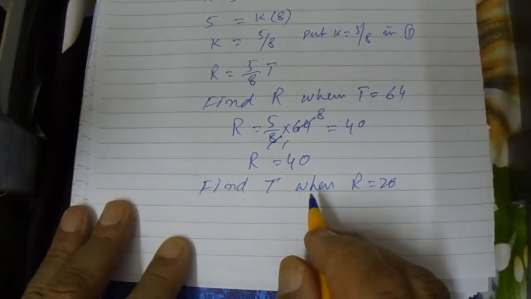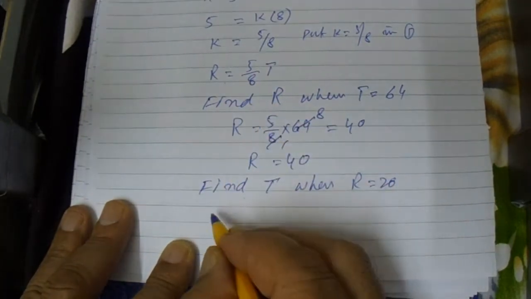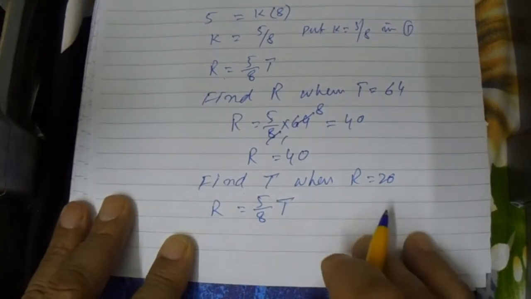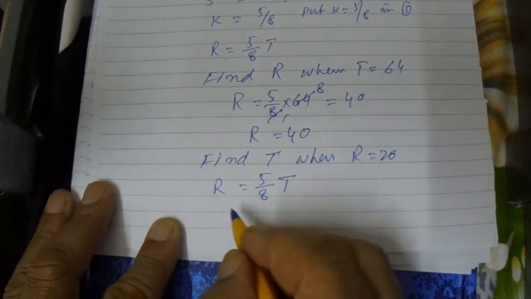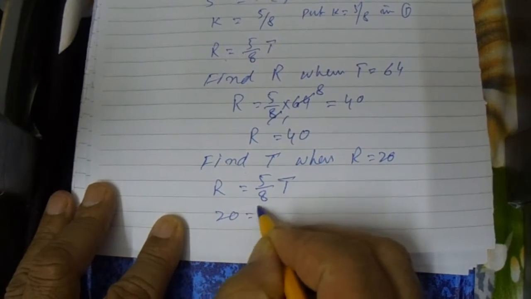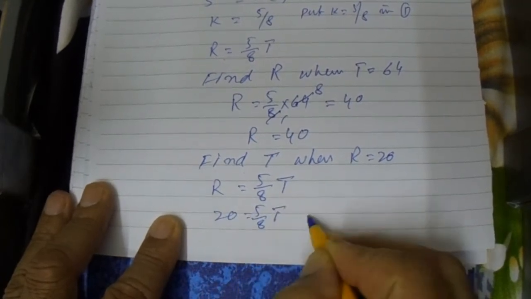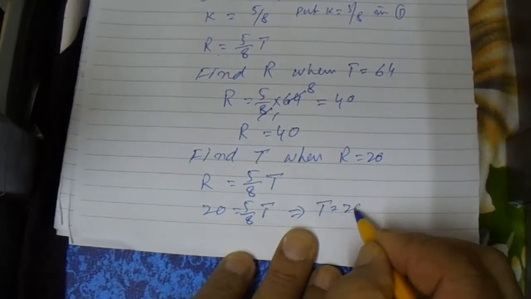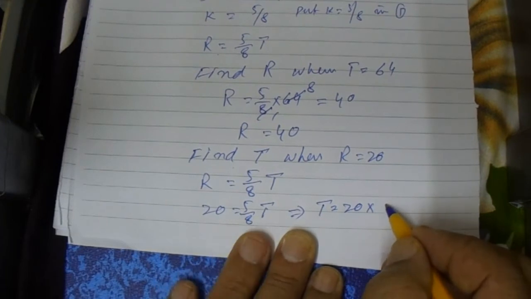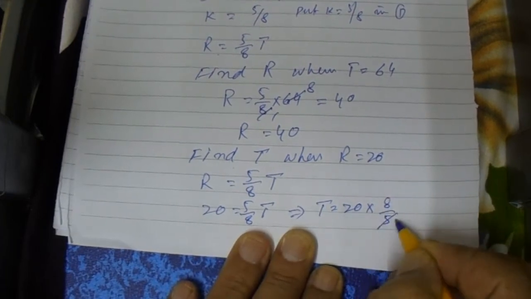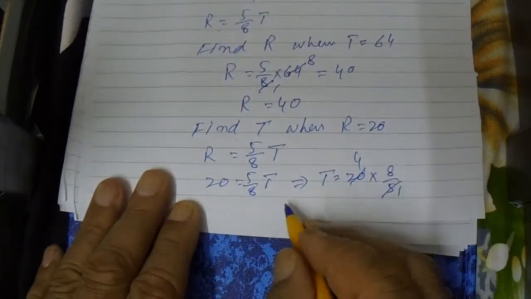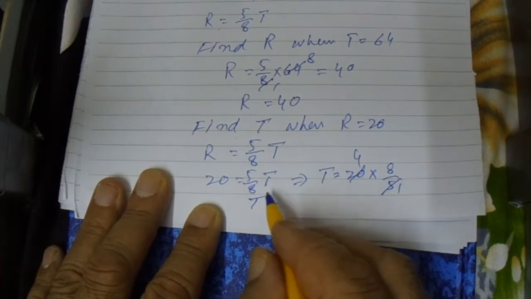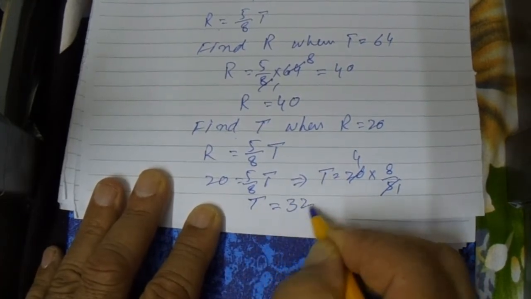We write again this. r is equal to 5 by 8 t, and we put r here, 20 is equal to 5 by 8 t. Now here t is equal to 20 multiplied by 8 by 5. 5 ones are 5, 5 fours are 20. Now t is equal to 8 fours are 32. Now this is the answer of this question.